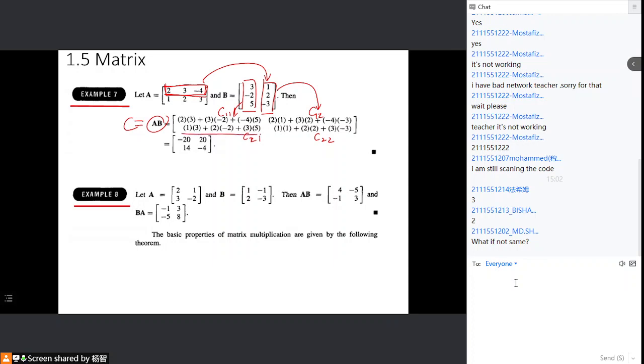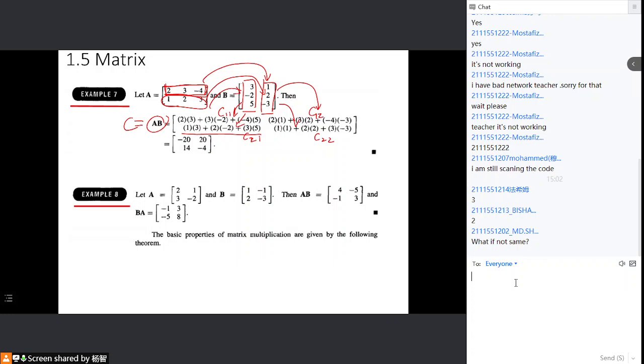And C21 uses the second row of A multiplied by the first column of B to get C21. And the second row of A multiplied by the second column of B, we get C22. Is that right?